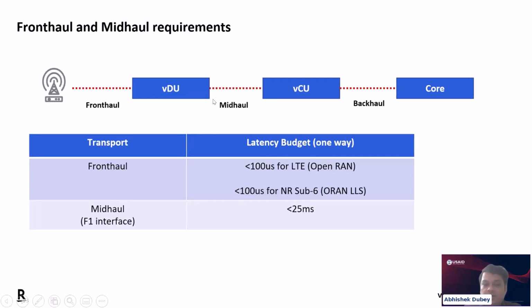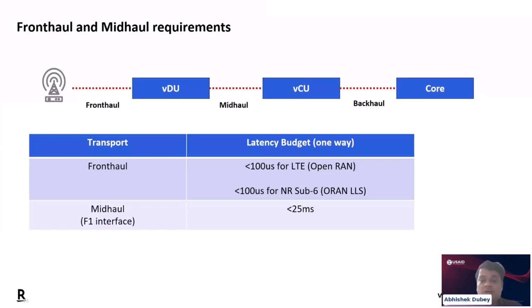For mid haul, from DU to CU, it is less than 25 milliseconds. So this is a millisecond and here is a microsecond. So you can see in mid haul we have a very relaxed latency requirement. All right. What does it mean? It means the distance from DU to CU can be more. In rough calculation, that distance depends on many factors, like what MIMO scheme you are using and what power per antenna port you are going to use.